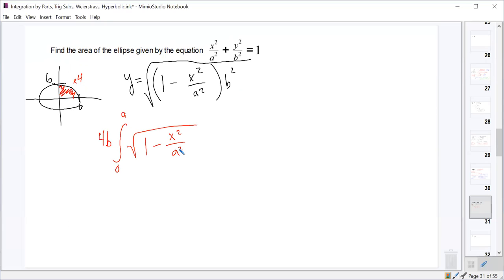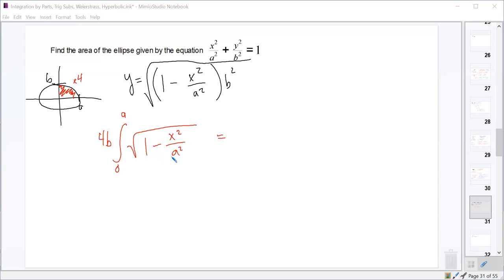Can I rewrite what's inside of that to make it look a little nicer? Could I get a common denominator? If I get a common denominator of a squared, this will be a squared over a squared. So I'll have a squared minus x squared over a squared.